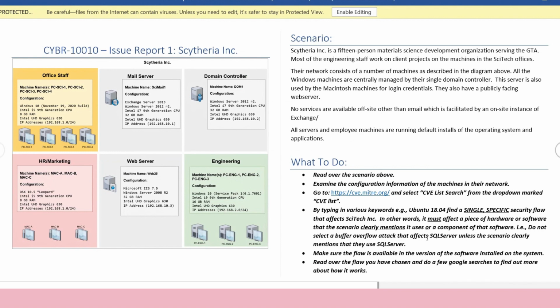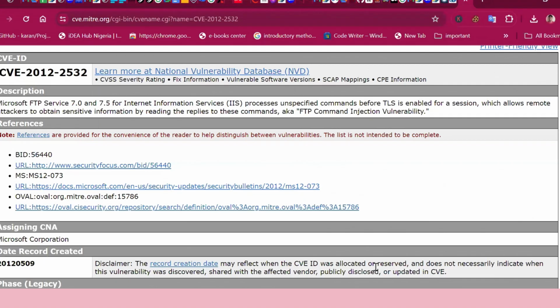In our case, it's a software, and the scenario clearly mentions it or uses a component of that software. Do not select a buffer overflow. Make sure that the flaw is available in the version of the software installed, which it is. Read over the flaw you've chosen and do a few Google searches to find out more about how it works. Okay, so let's do that.